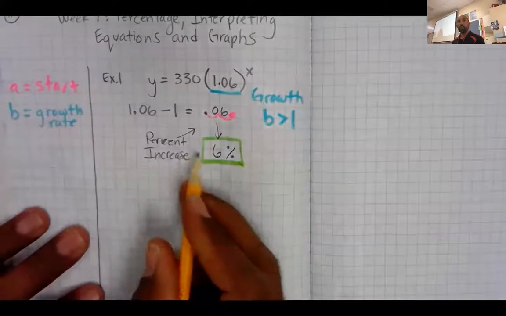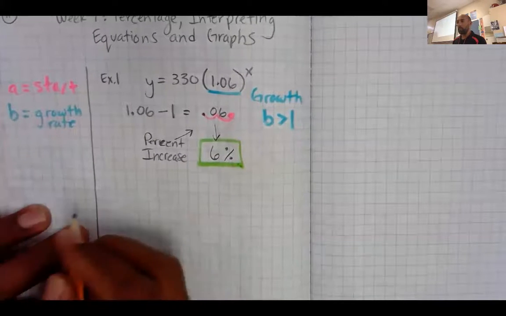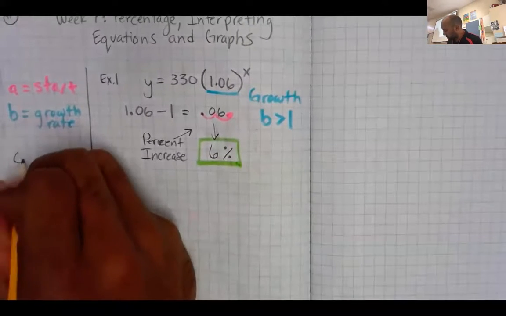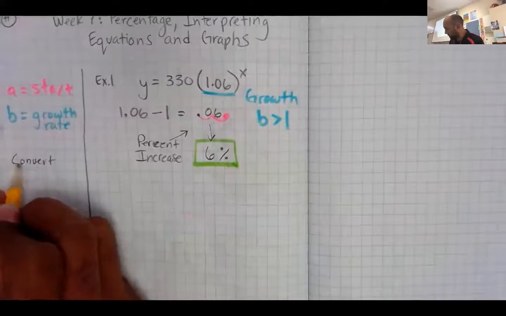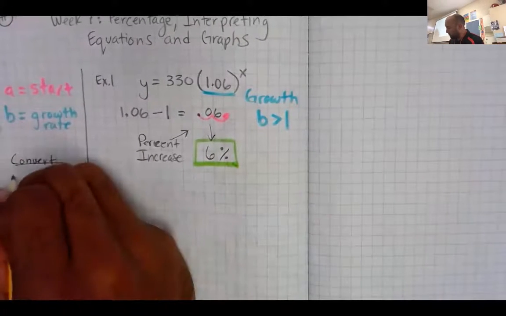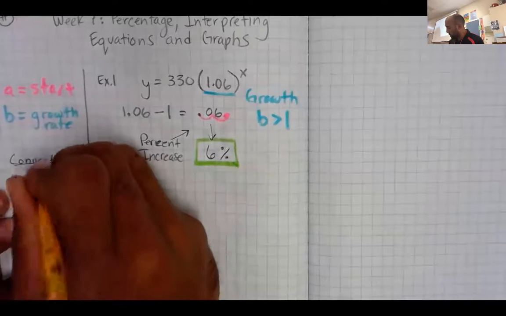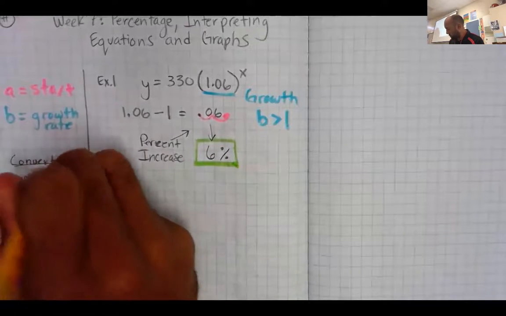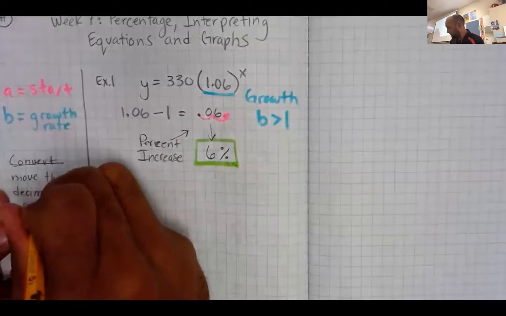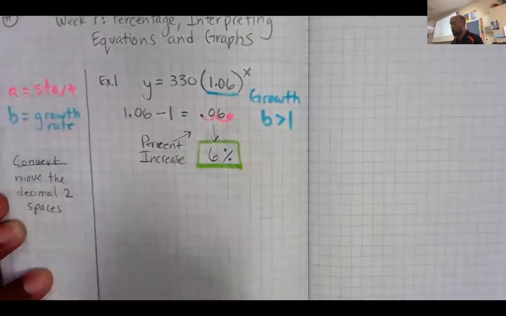All right, so remember that when you convert, and I'll pause in a second so you guys can catch up, when you convert, move the decimal 2 spaces. Okay?